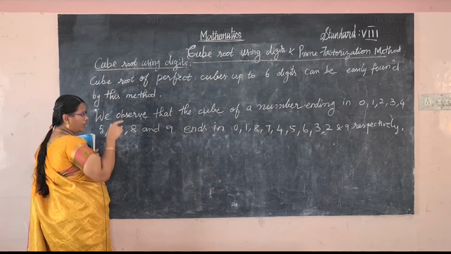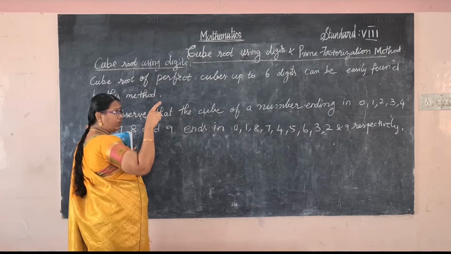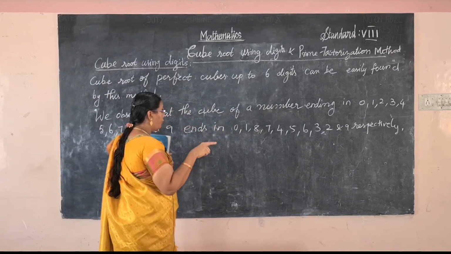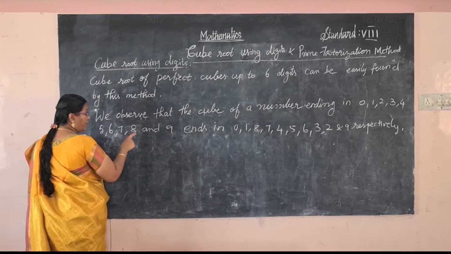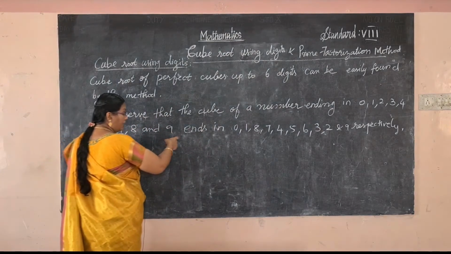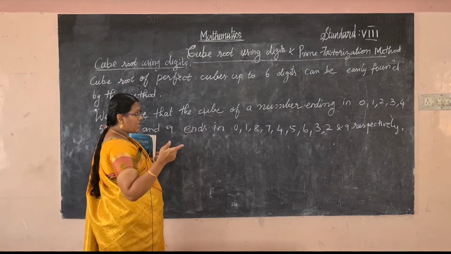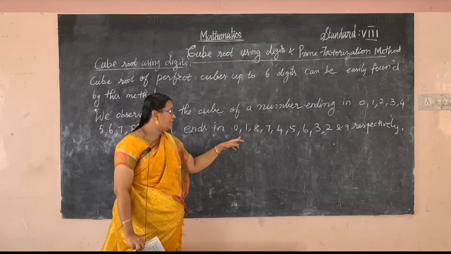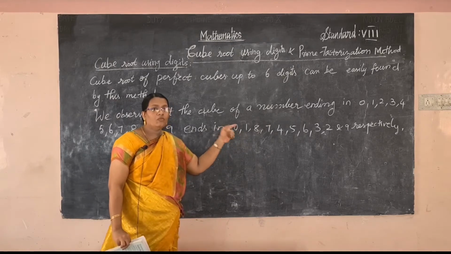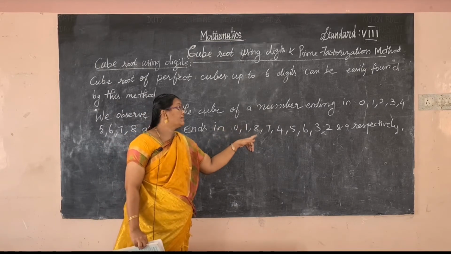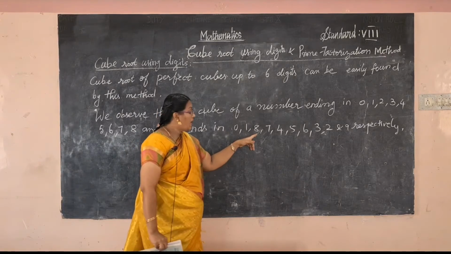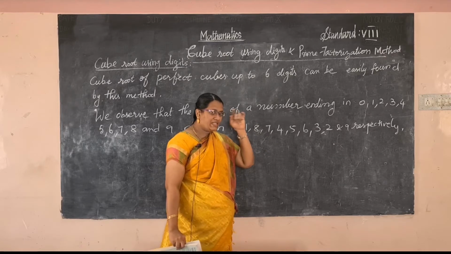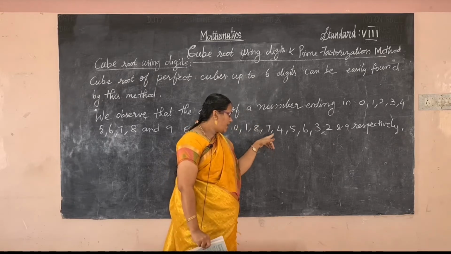We observe in that table the cube of numbers ending in 0, 1, 2, 3, 4, 5, 6, 7, 8 and 9. The cube of 0 gives 0 in the ones digit, 1 cube is 1, 2 cube is 8. Then 3 cube is 27, so the ones place is 7.